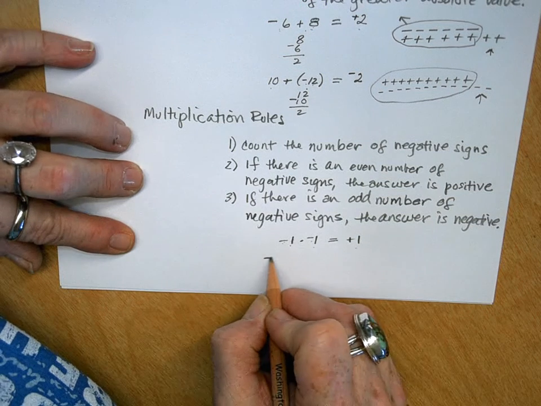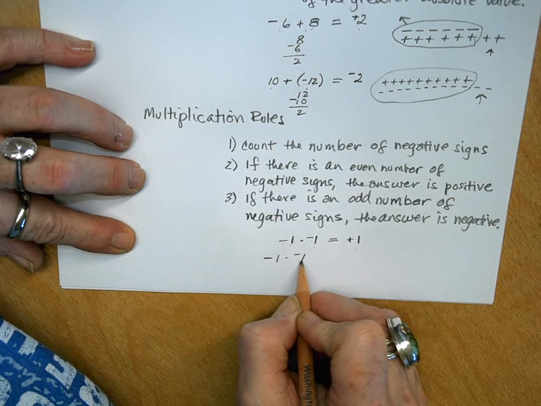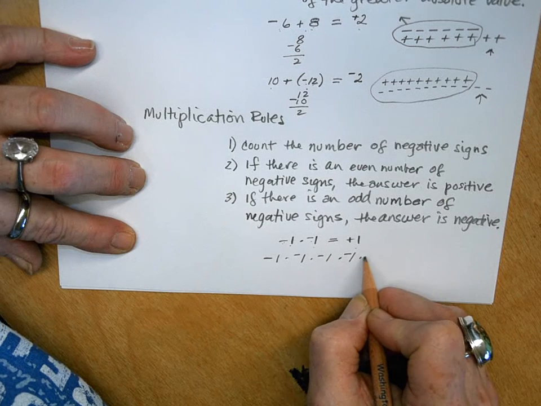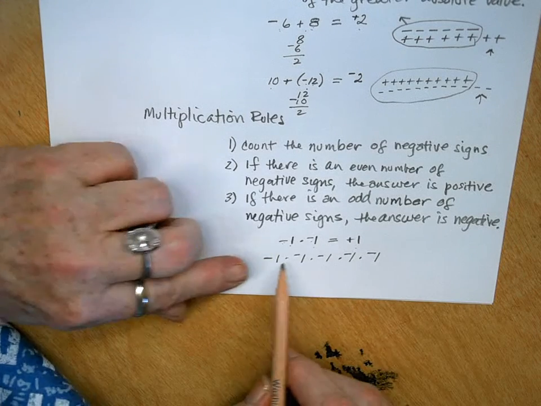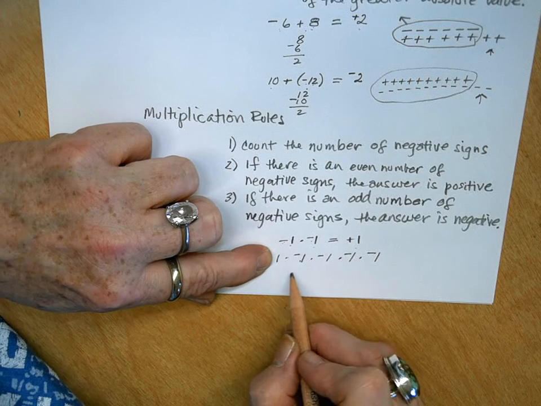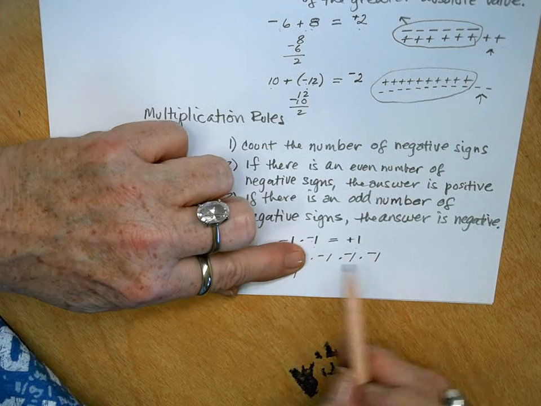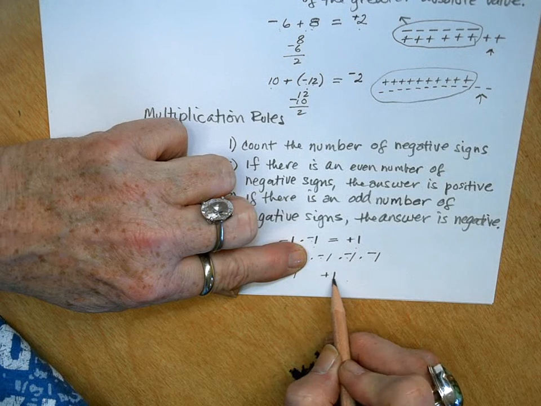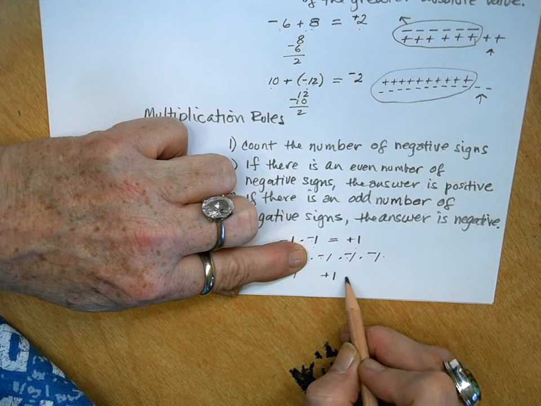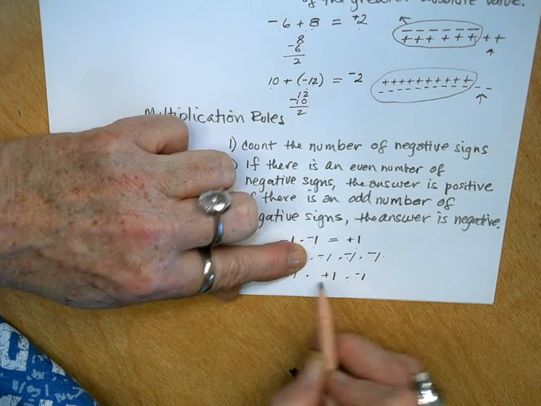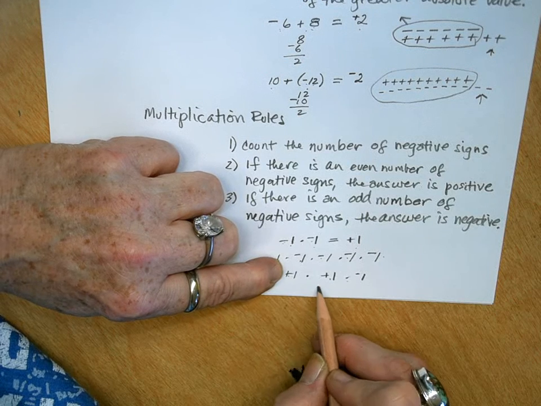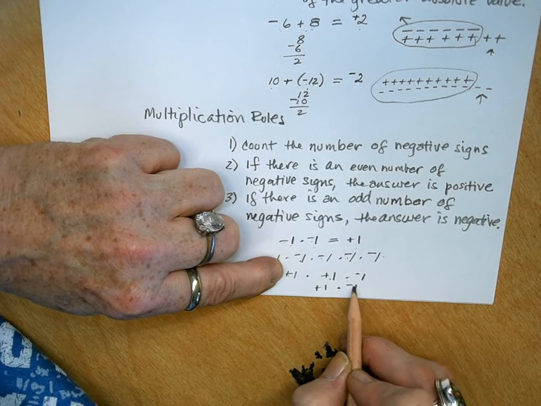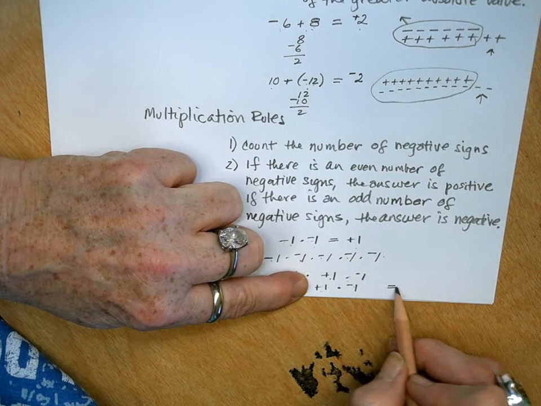If I have negative 1 times negative 1 times negative 1 times negative 1 times negative 1, the opposite of negative 1 is positive 1. The opposite of negative 1 is positive 1. And then I have a negative 1 left over. Positive 1 times positive 1 is positive 1 times a negative 1. This means take the opposite of that one, so my answer is negative 1.